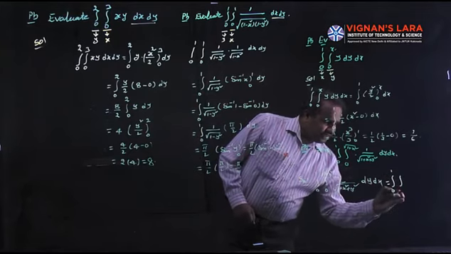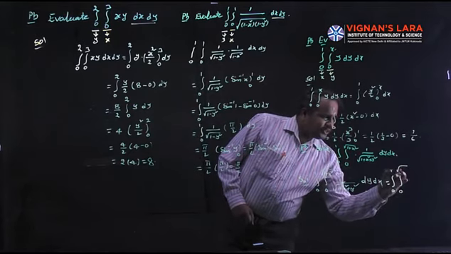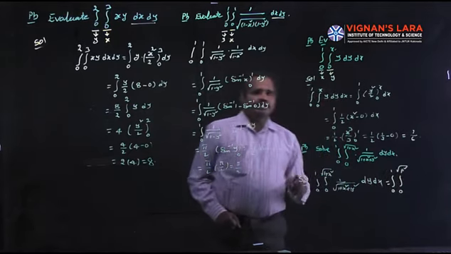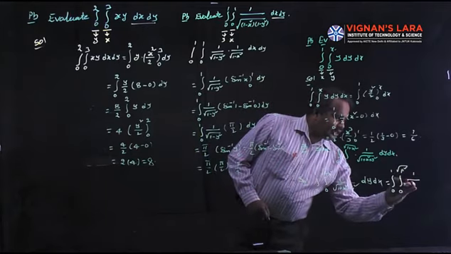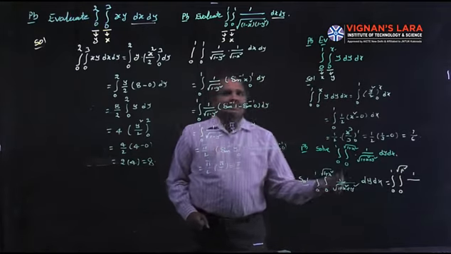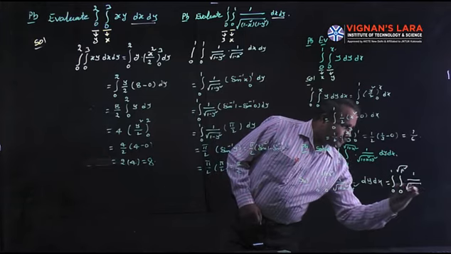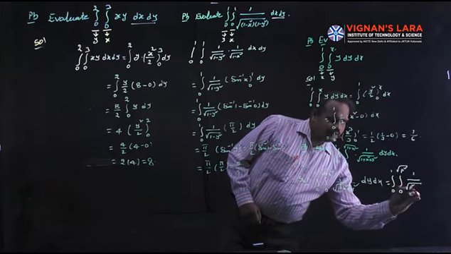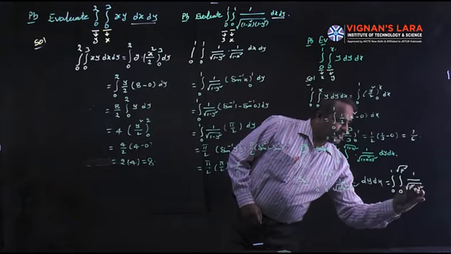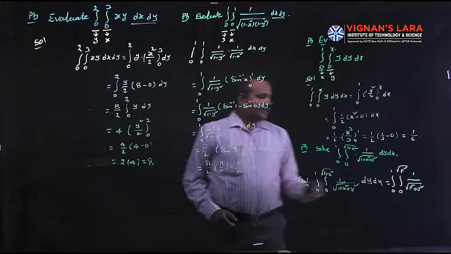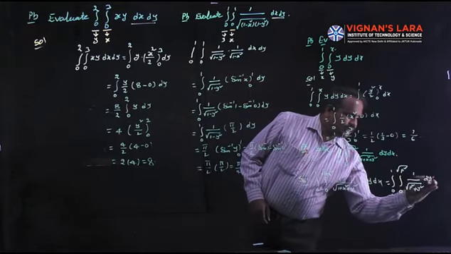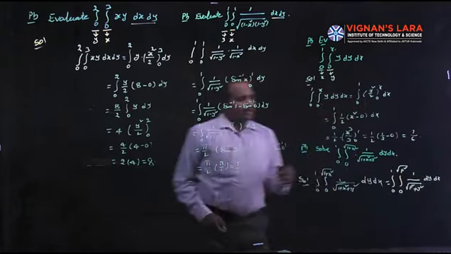Then this becomes integral 0 to 1, integral 0 to under root of p square, of 1 by p square plus y square, dy dx.